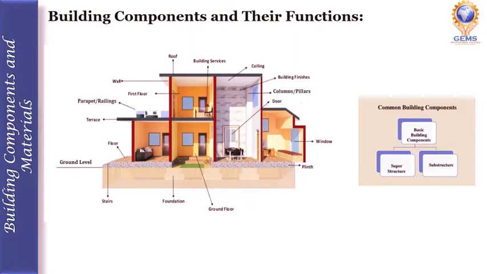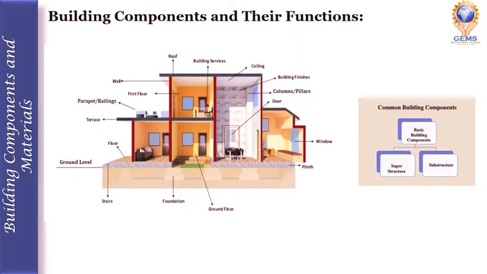In these two categories only, every other component is included, whether it is a foundation or a wall or a roof or a door, everything lies either in a superstructure or in a substructure. Substructure means it is a part of a building that lies below the ground level or plinth level. The superstructure means the part of a building that lies above the ground level or plinth level.